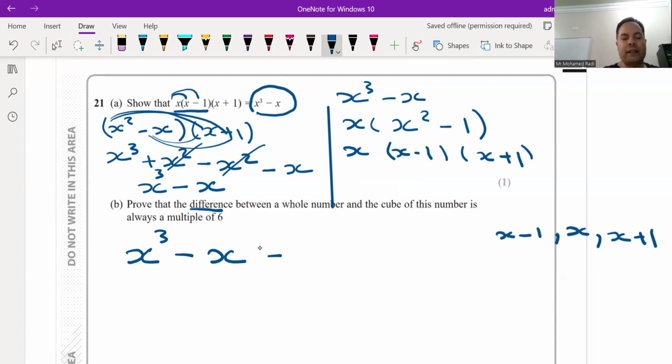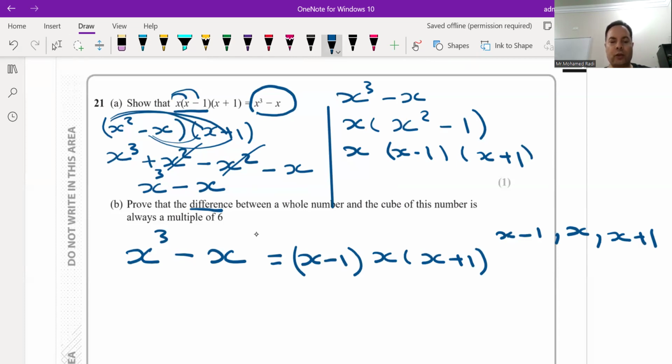A multiple of 6, if we switch now the order, will be x multiplied by x plus 1, and the previous is x minus 1. This is called the difference between a cube number and the number itself. It's called a product of three consecutive numbers.